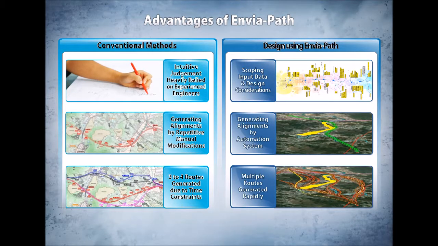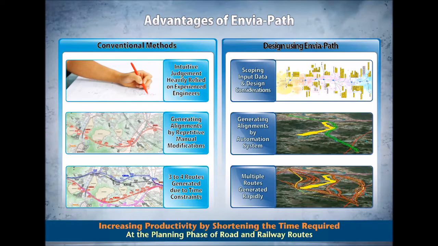Whereas, by scoping input data and design considerations, multiple investigated alternative routes can be generated using Envia Path, thanks to rapid automated alignment generation. This improves productivity by shortening the time required at the planning phase of roads and railways.